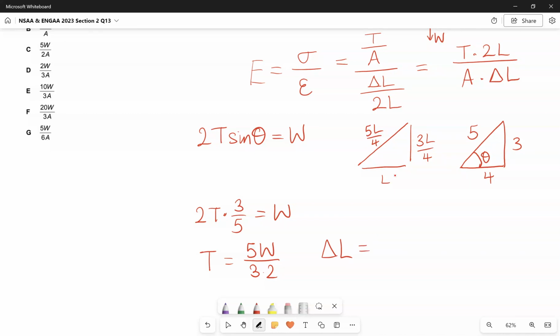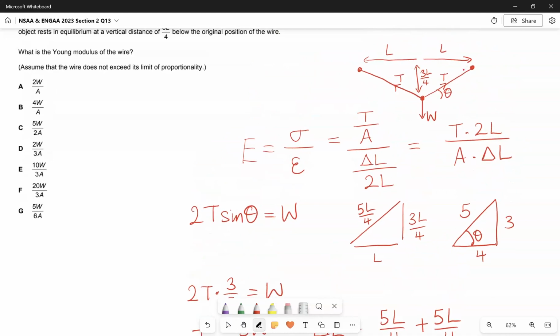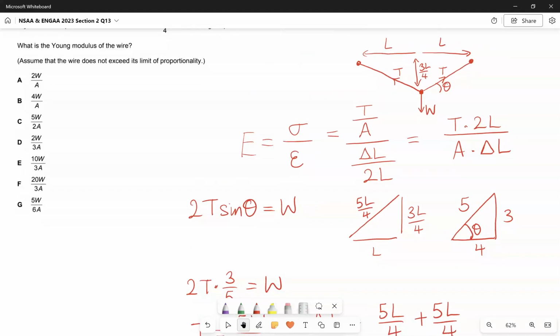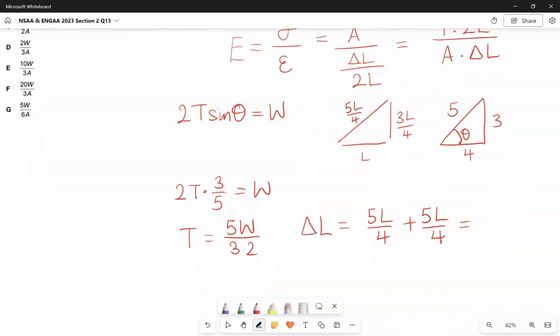This will be 5L over 4, add 5L over 4, because each component will now be 5L over 4. Looking at the diagram, just to remind you, each half will be 5L over 4, which is, again, why I split it into 2 in the first place. So this becomes 5L over 2.